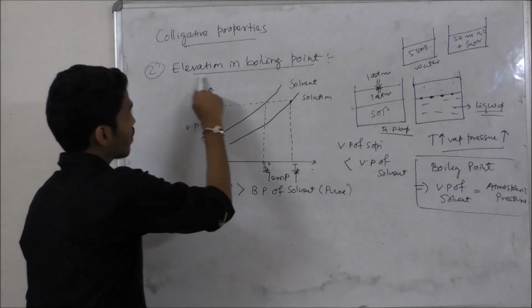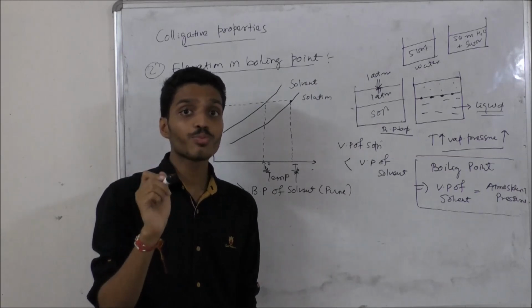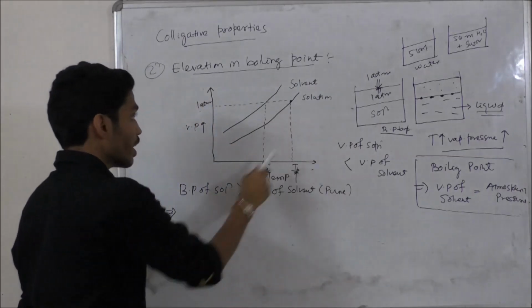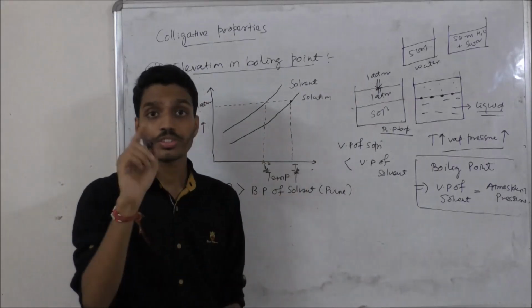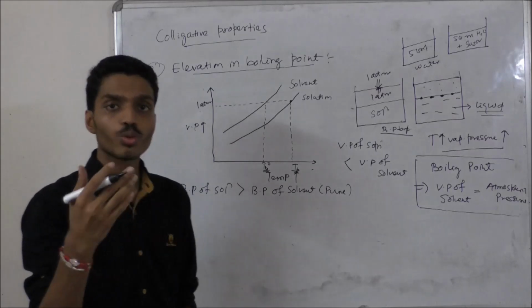Now, what is elevation in boiling point then? Elevation in boiling point is the extra amount of temperature that we must supply to boil the solution.